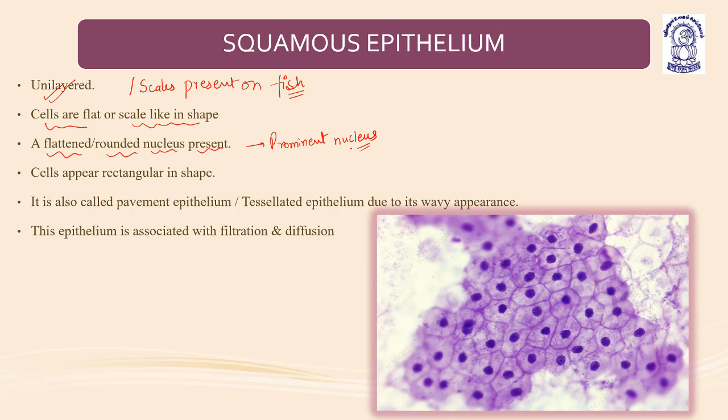Cells appear rectangular in shape. These cells are scale-like, as I have already mentioned, and that is why their boundaries are irregular.